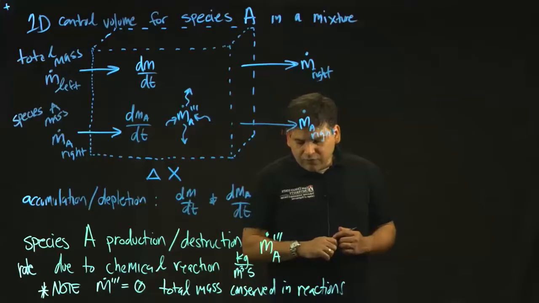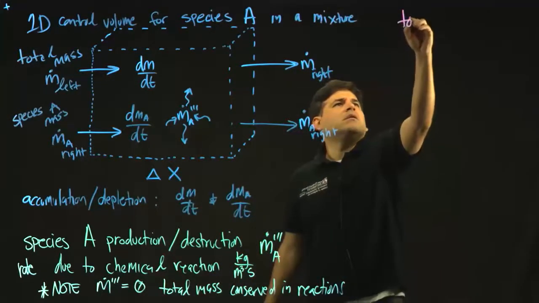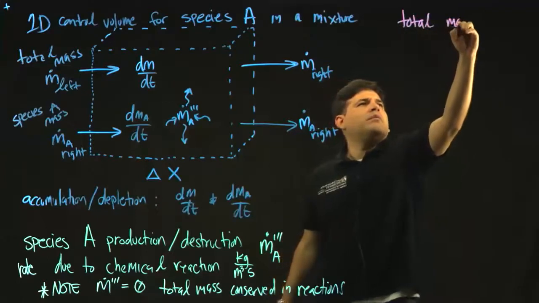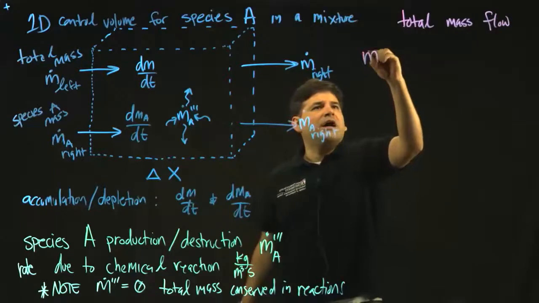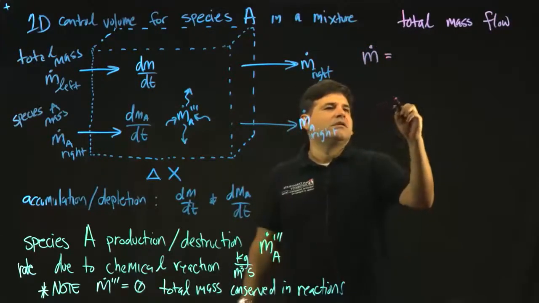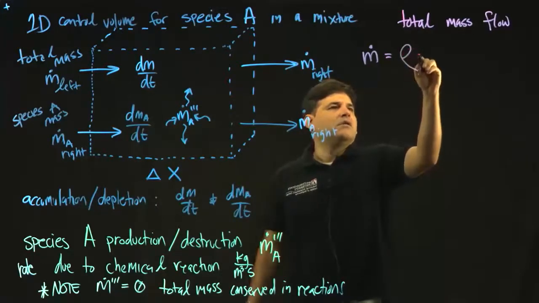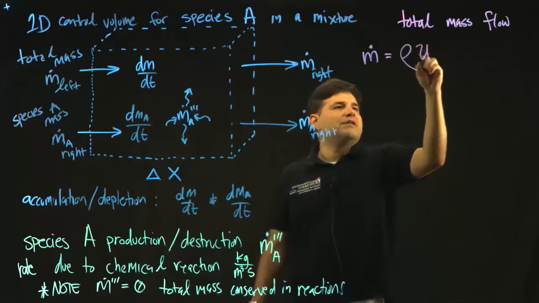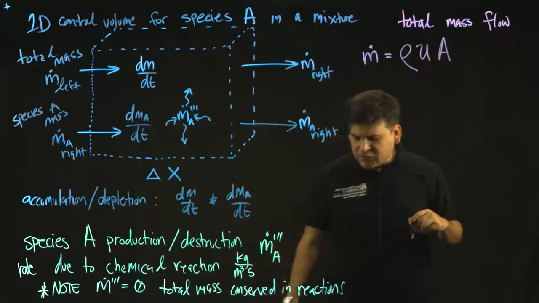So the total mass flow, m dot, kilograms per second, equals the density of this flow times the total velocity of this flow times the area that it's crossing over.